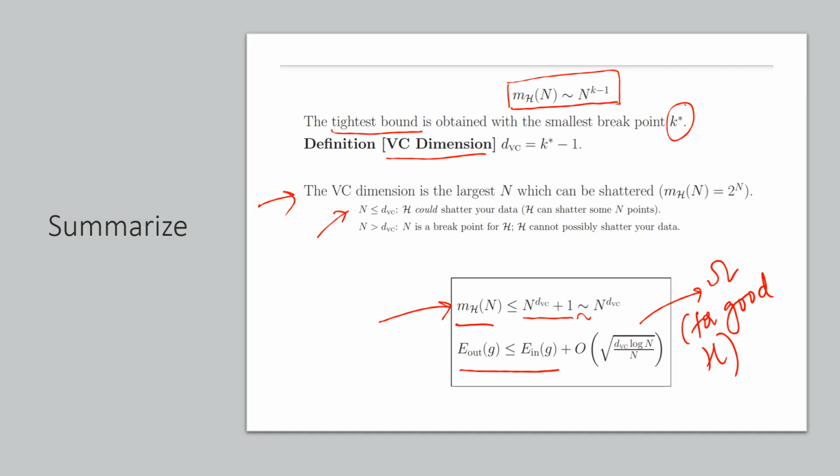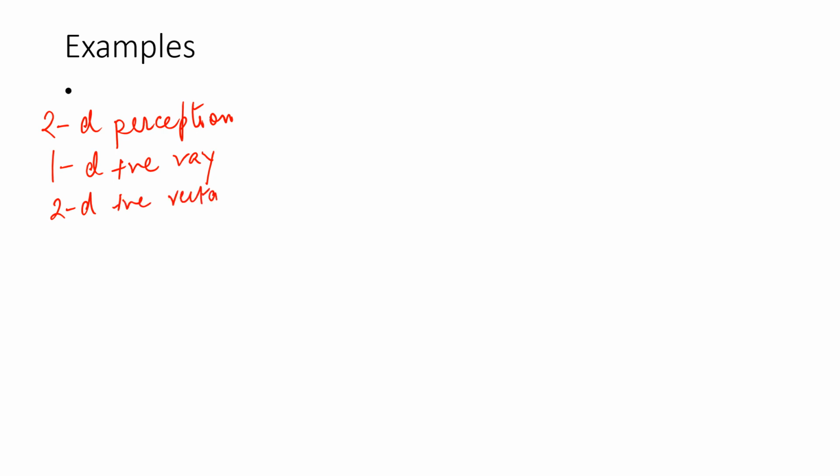So let's look at some of the examples that we've looked at before, of course. The examples I'm looking at are the 2D perceptron, and then I think the second one was the 1D positive ray, and the rectangle, right? So two-dimensional positive rectangle. Let's look at these hypothesis sets because we are quite familiar with them by now, and what happens to each one of them.